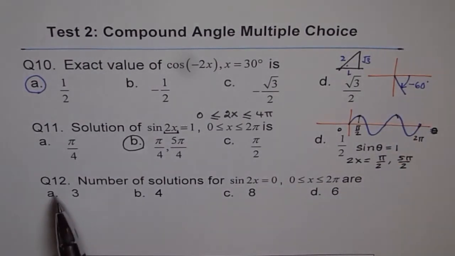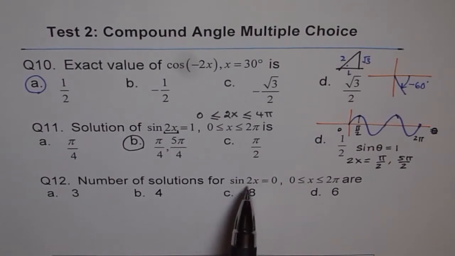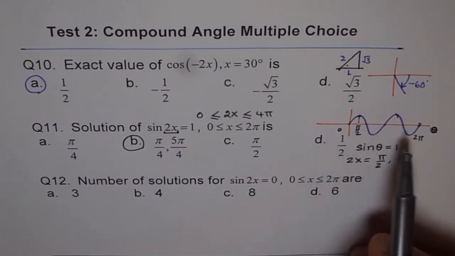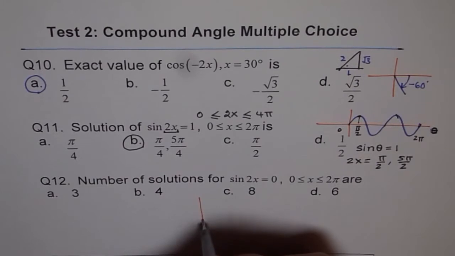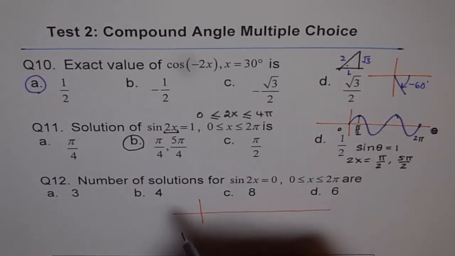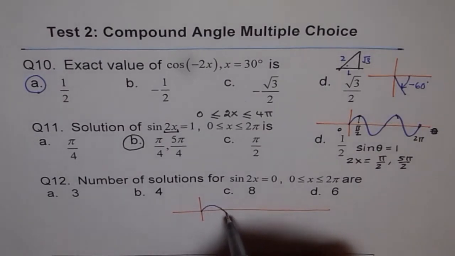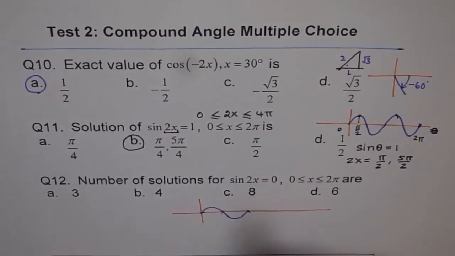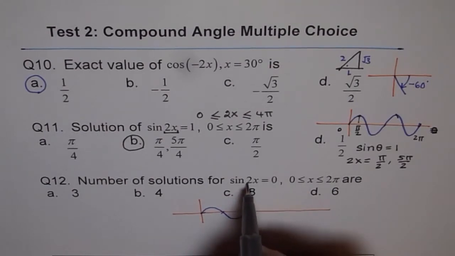Now question 12 is number of solutions for sine 2x equals 0. Purposely I have given this so that this concept is absolutely clear to you. Normally, you'll say sine 2x is 0 at 3 points, 1, 2, and 3. But remember, it is sine 2x.